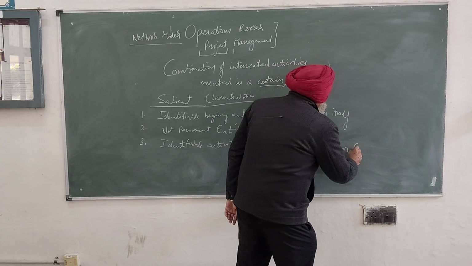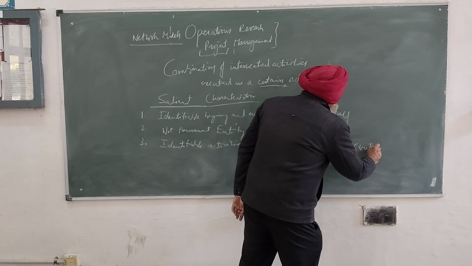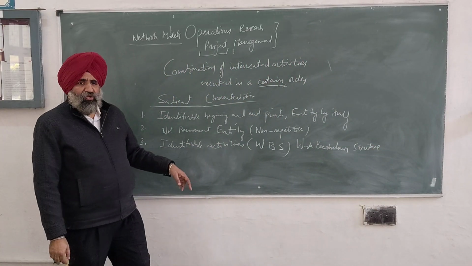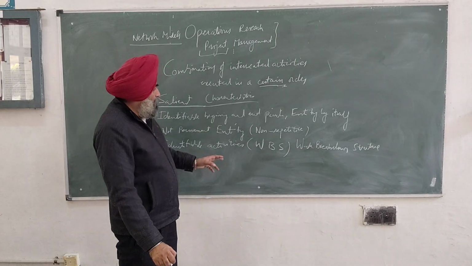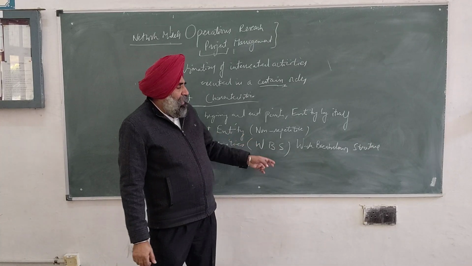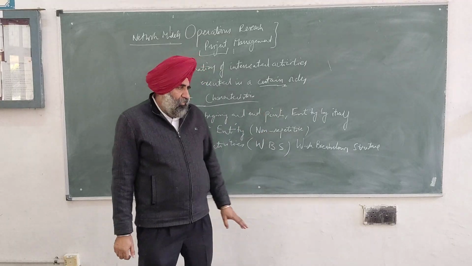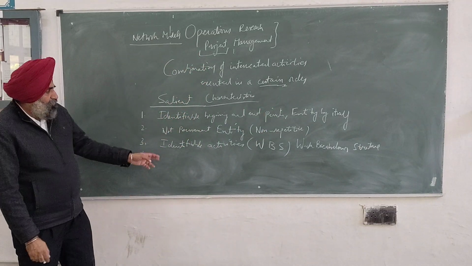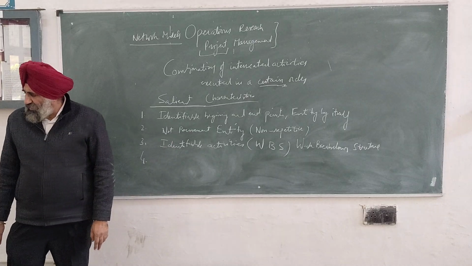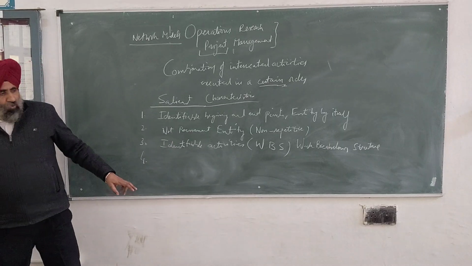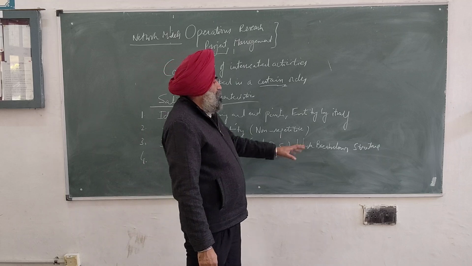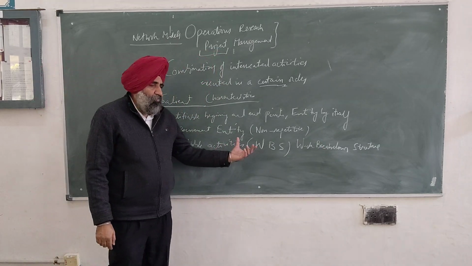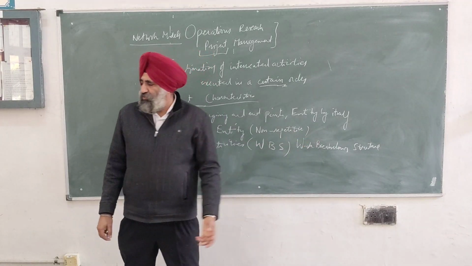This is the important part, because we have bigger projects, and if we don't divide them into small activities or small entities, we can't tackle all the activities. We must divide the project into identifiable activities which require time and resources for their completion. This is the concept of the work breakdown structure.